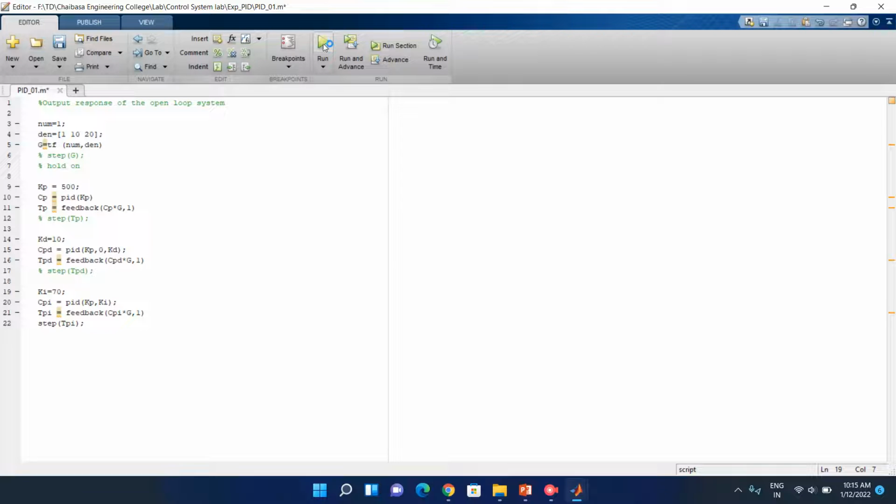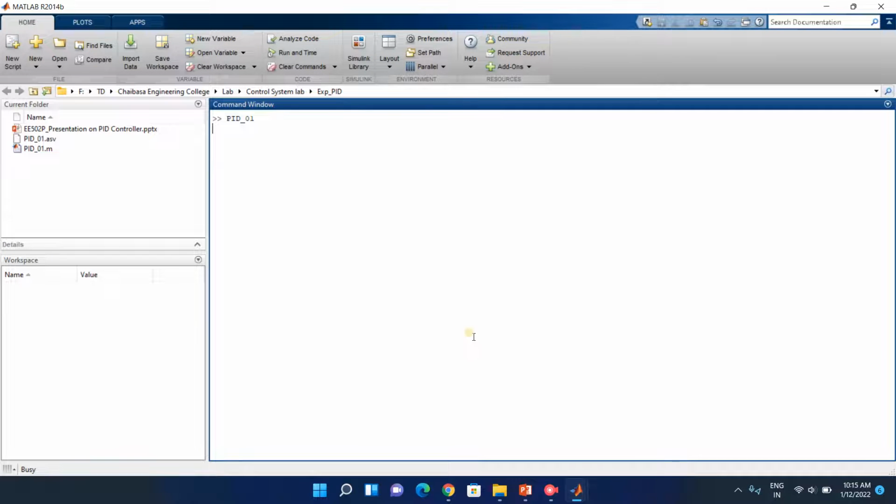Now let us run it. Initially it takes some time since it is running for the first time.